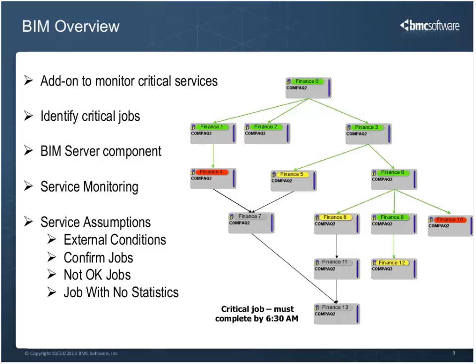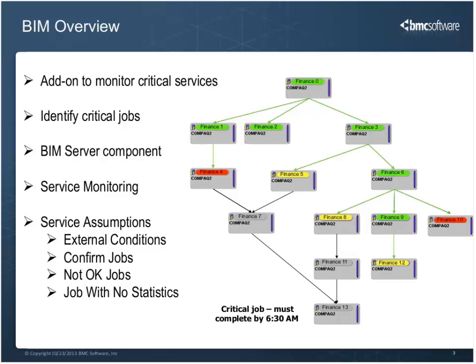If a service is problematic, like potentially here with Finance 4, this job can potentially make the service late. Based upon that, we can perform one of many actions in the BIM job, such as sending an email, creating an alert, or opening a Remedy ticket. We'll see that here in a moment.